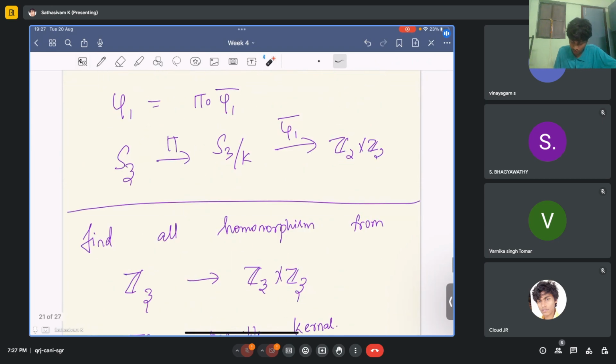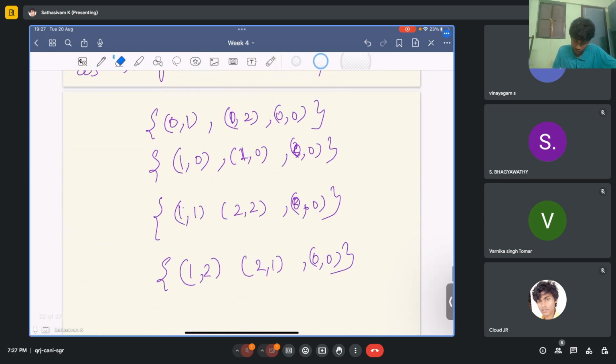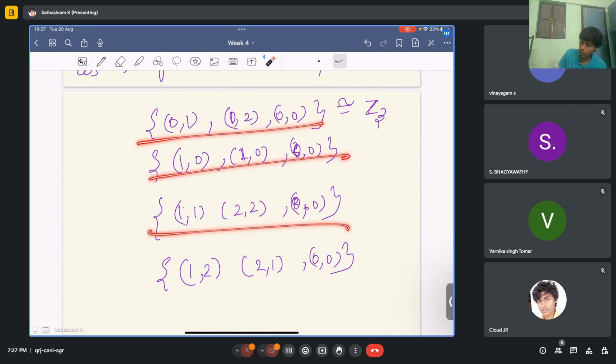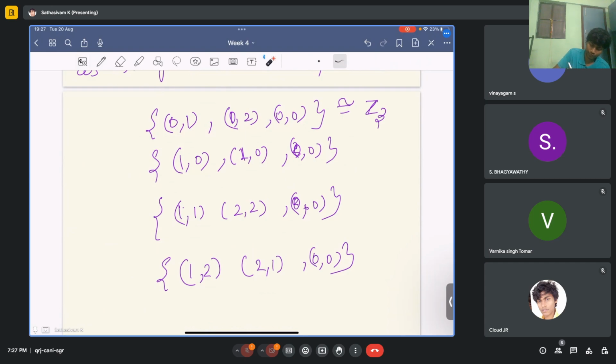But if you look here, there are more generators. This is a generator of this group. If you look at this group, this is isomorphic to Z3. And you see, this is the generator, this is also a generator. So I can map to this also, I can map to this also. In that sense, each of these subgroups gives me 2 homomorphisms.